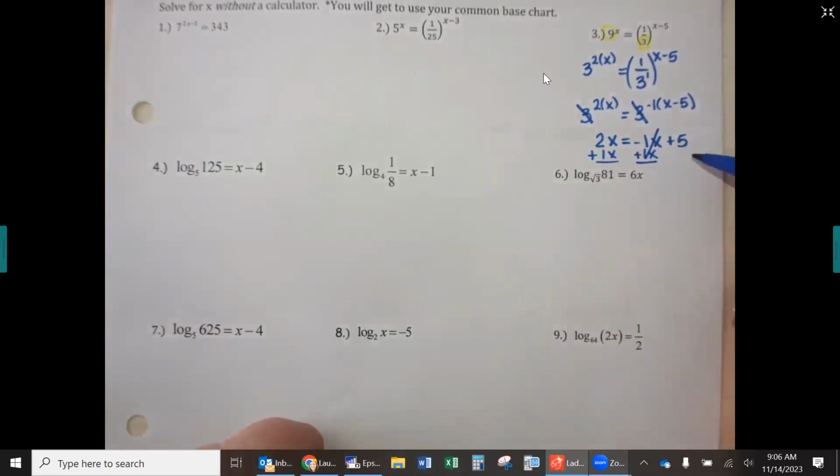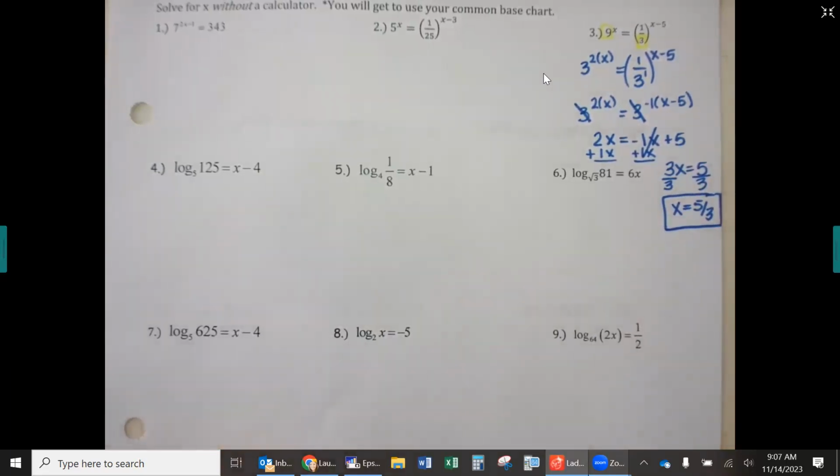And then if 3x equals 5, my last step would be to divide by 3. So my answer for that one would be x equals 5/3. Questions on that?